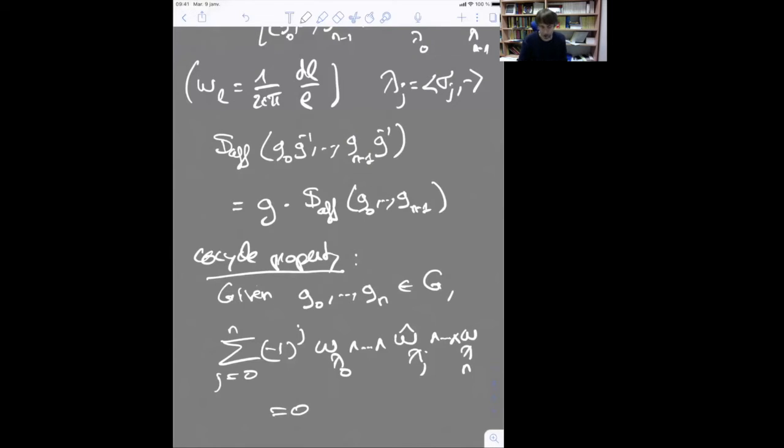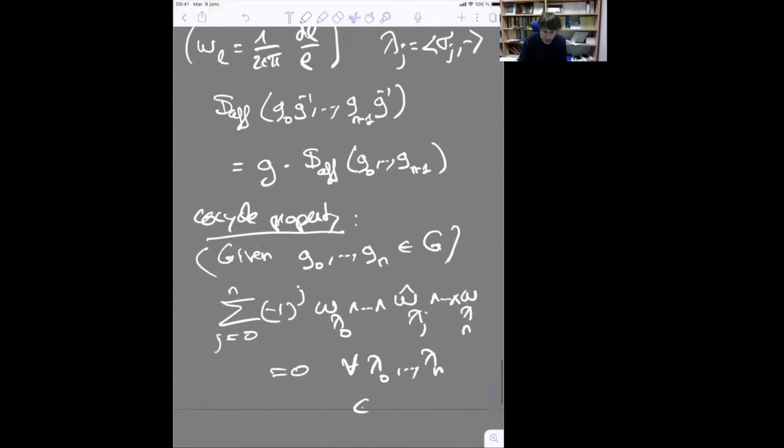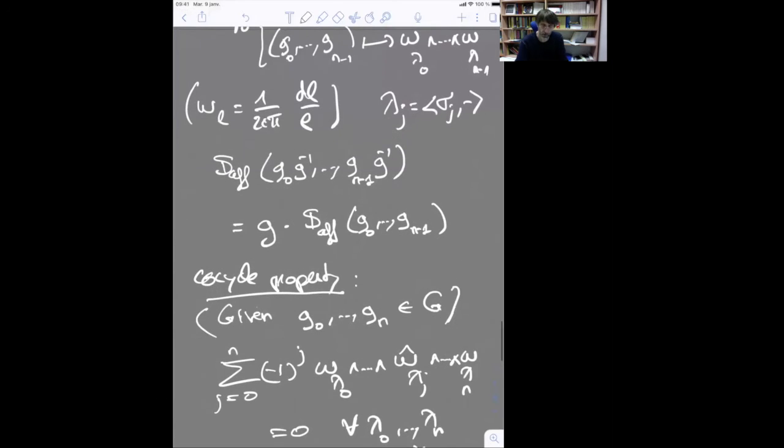And the property just follows from this being equal to 0 for any choice of linear forms that are non-zero. And this is a nice exercise to check. You write down the linear form in terms of the others because there is a dependent relation, and that gives you the cocycle property.